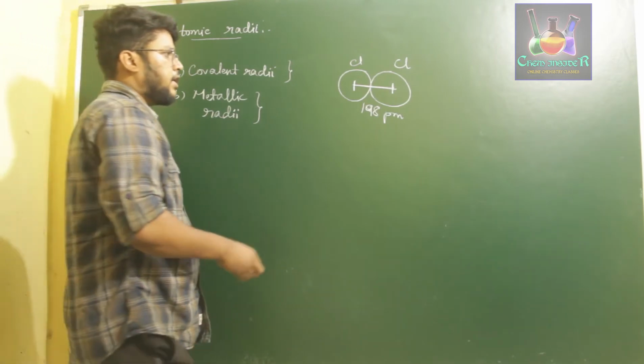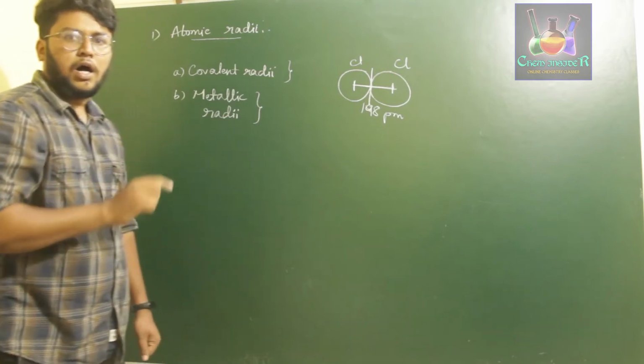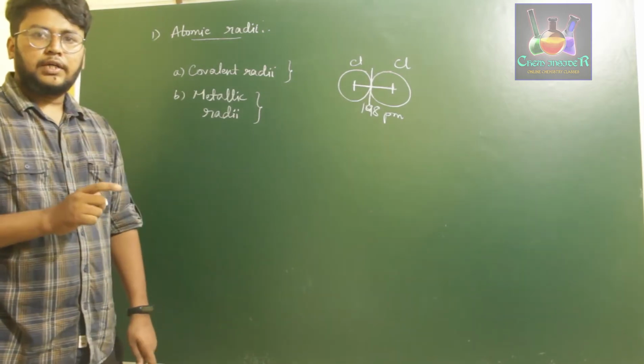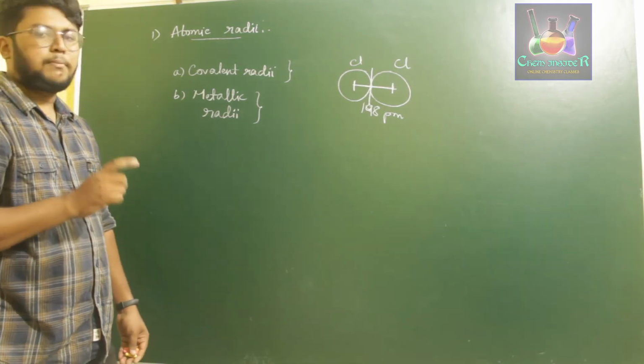A covalent radii is half of the internuclear distance of a non-metal forming a molecule.